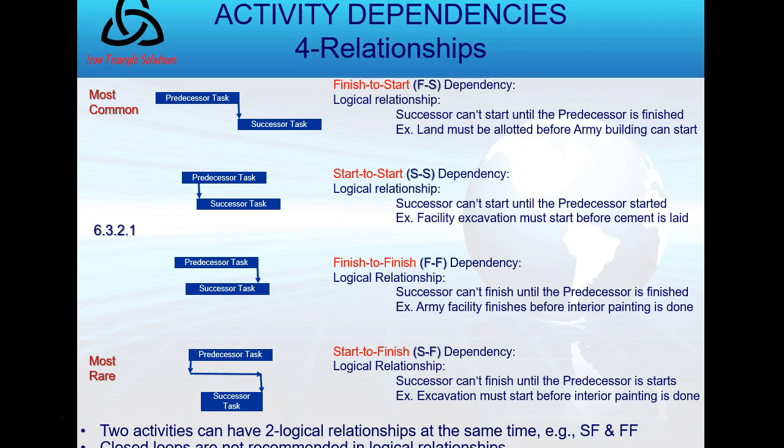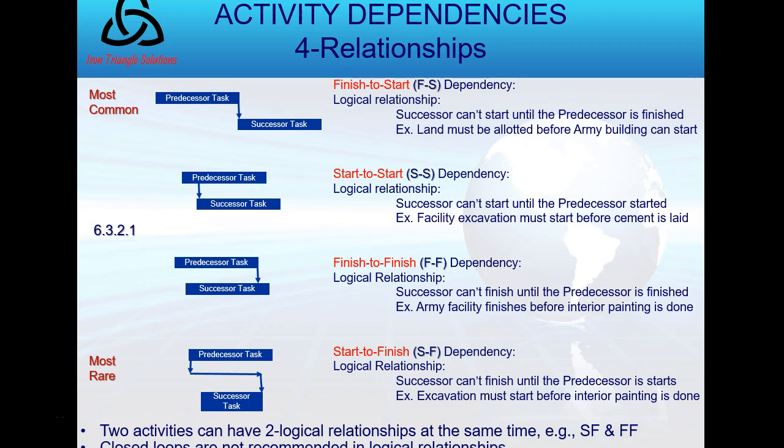The successor can't start. See the successor there in blue with the white font? The successor can't start until the predecessor is finished. And that's how life generally is. Finish to start. I must finish the predecessor before I begin the next activity, the successor.